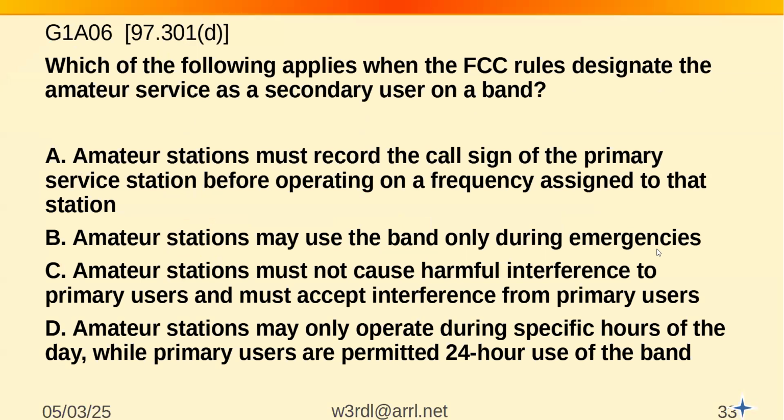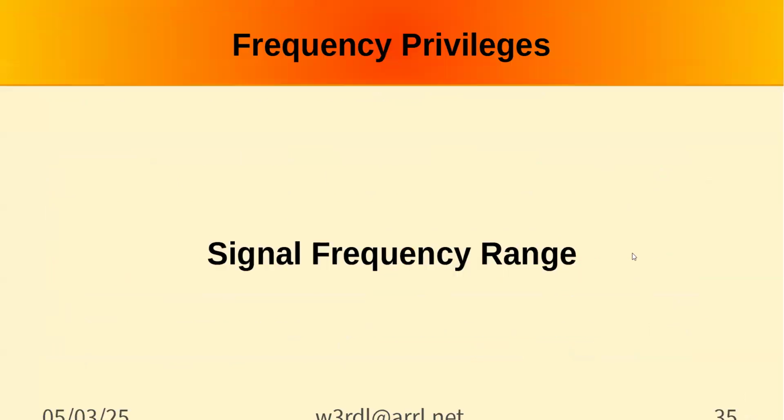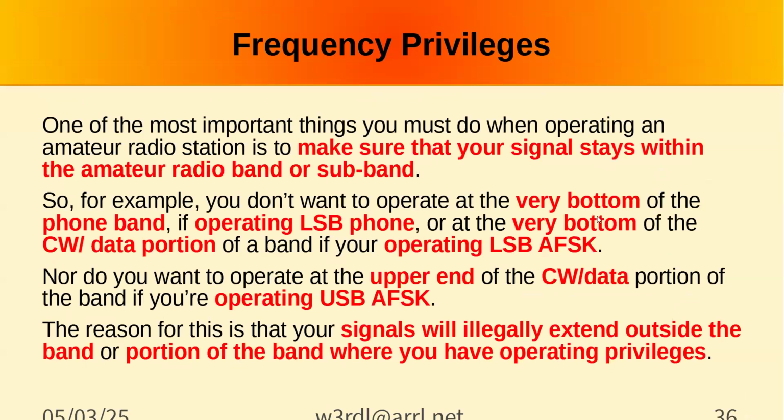Which of the following applies when the FCC rules designate the amateur service as a secondary user on a band? Okay. One of their big things is to ensure that you stay within band or sub-band. I guess it's more like a General not getting into the Extra sub-band.